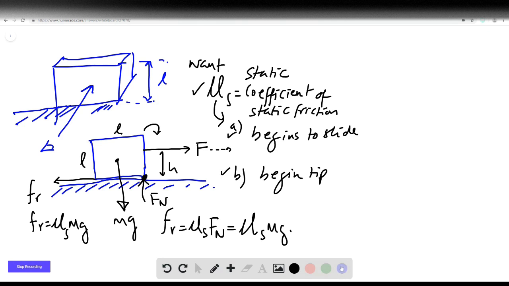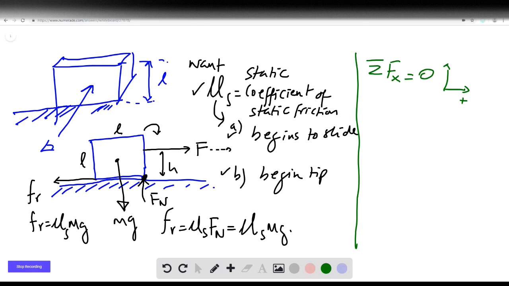For this block, we do have a weight, and also the force pulling the block itself. The system is in equilibrium, so the sum of forces in the x is 0 because it's moving horizontally. We assume positive x is to the right and positive y is upwards.